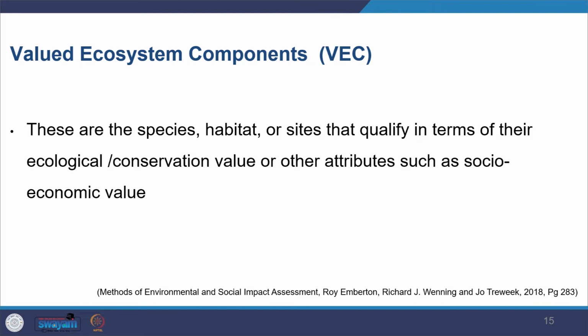Valued ecosystem components are the species, habitats or sites that have ecological and conservation value, or other attributes, such as a socioeconomic value to the people who are affected by the project or who are in the project area. Any significance which they have, those species, habitats or sites have to be identified.